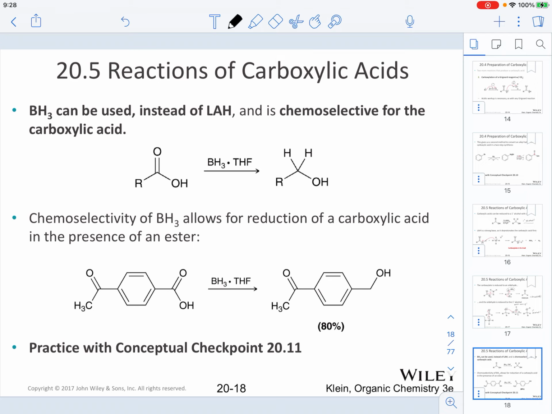We can utilize it if we have a dual functionality in a molecule and we only want to reduce the carboxylic acid. If we look at the bottom molecule, we have two functionalities. We have a ketone and we have a carboxylic acid.